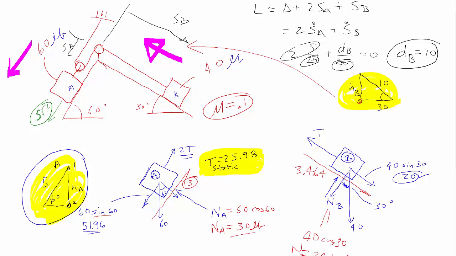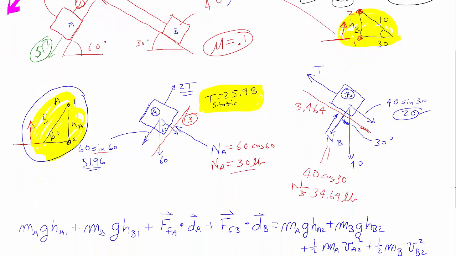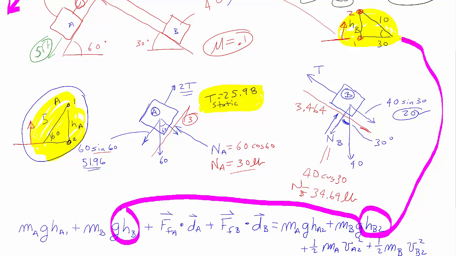Well, this is state 1, and this is the point that is state 2. So here I'm going to take my datum this way. Over here I'm going to take my datum this way. So this means that, okay, notice this is B. So if you look at it, this is associated with B here as well as B here.